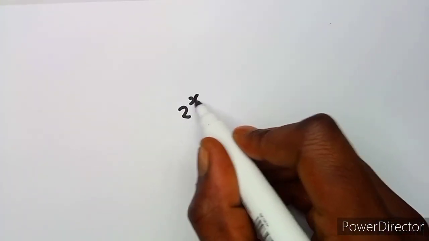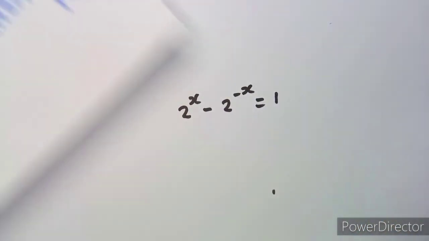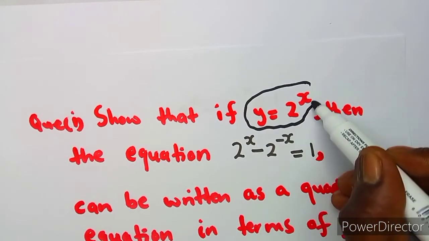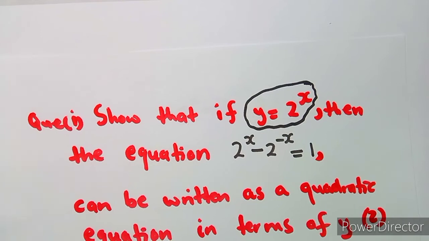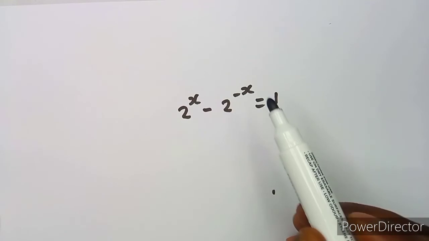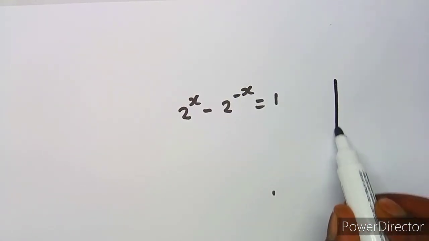2 to the exponent of x minus 2 to the exponent of minus x is equal to 1. Okay, so the first thing we are given here is that y is equal to 2 to the exponent of x. But before you do the rushing part of introducing y is equal to 2 to the exponent of x here, please do it stage by stage. Here it's going to be easier if you ask yourself about the negative exponent from your laws of exponents.